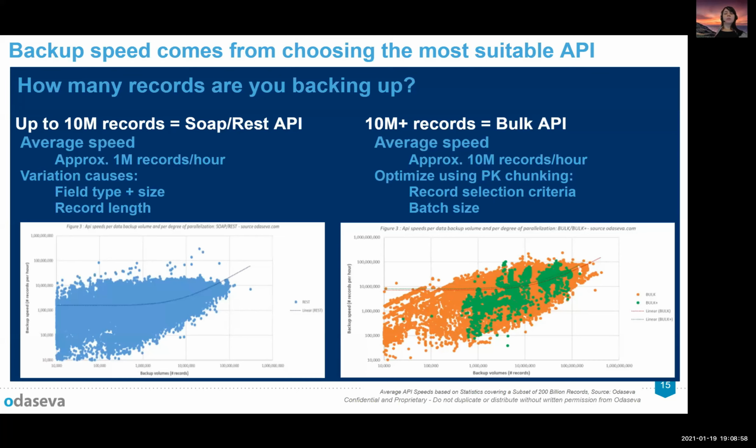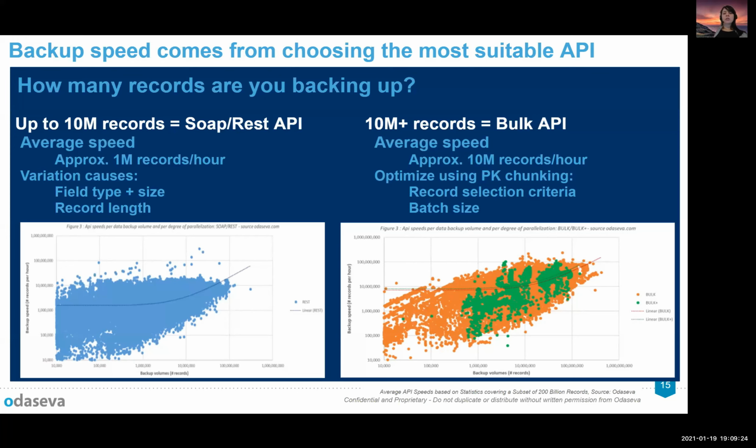That can be optimized. As you can see on the right hand side, you have orange dots that represent the bulk API, and you can see that there is an increase in the speed of backup when you use bulk plus, which is PK chunking.